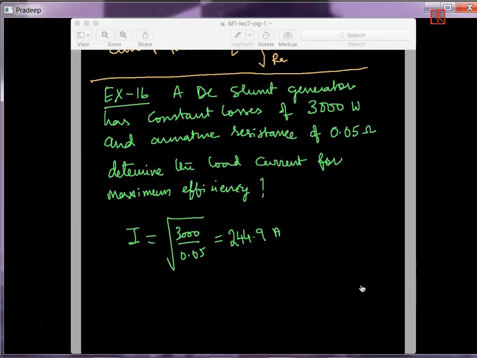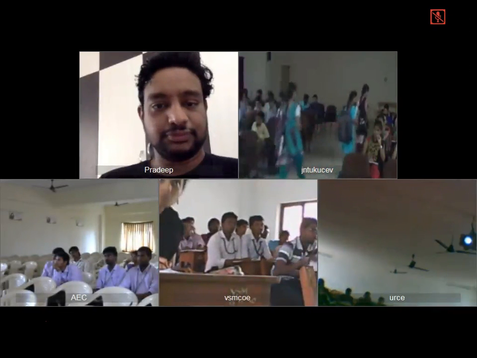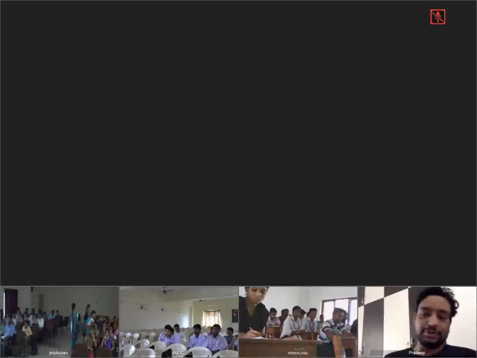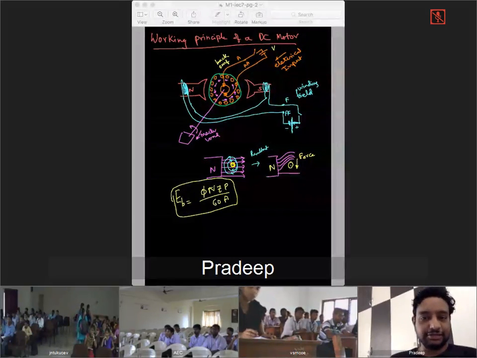Then apart from this, in the last class, we had some small time to discuss the working principle of a DC motor. This is what I was explaining, working principle of a DC motor.